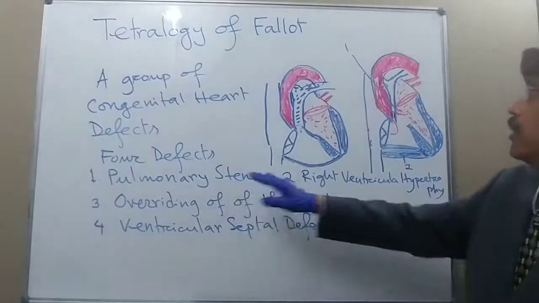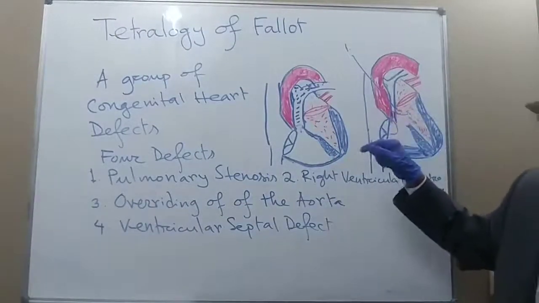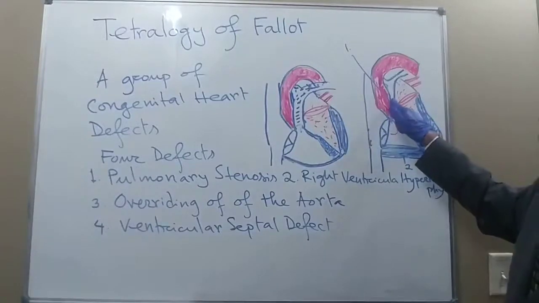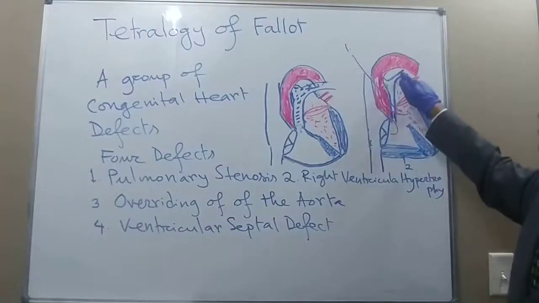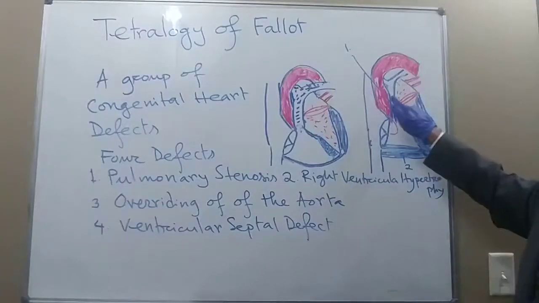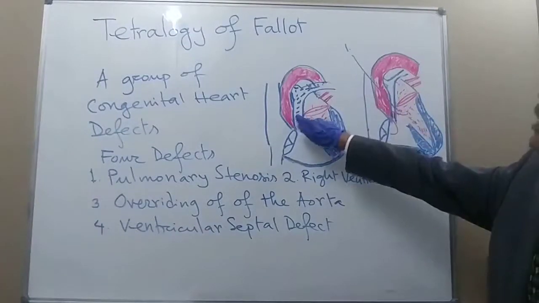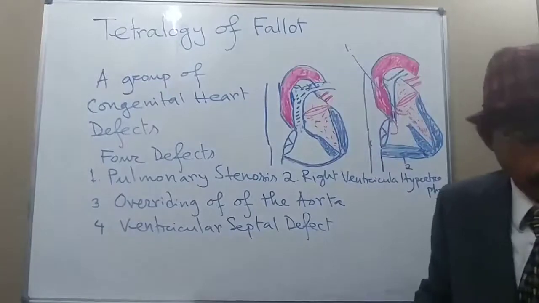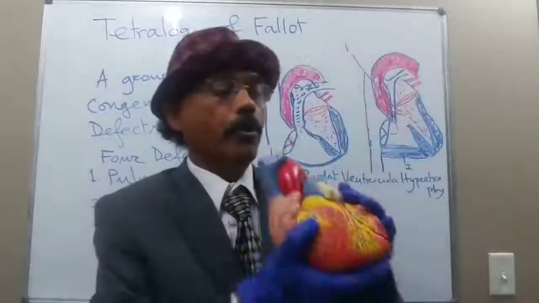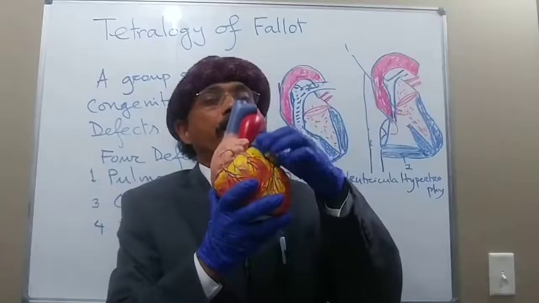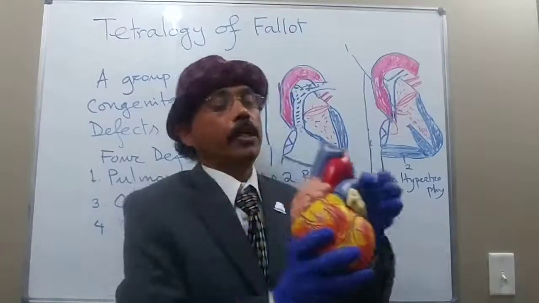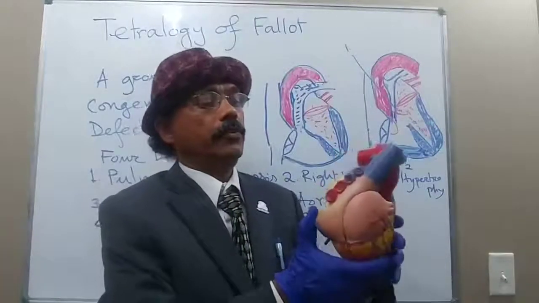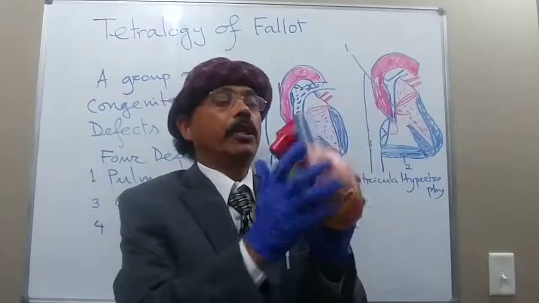One is pulmonary stenosis. This is the pulmonary trunk, and this is the pulmonary artery: the left pulmonary artery and right pulmonary artery. If you go to this model, this is the pulmonary trunk, left pulmonary artery, and right pulmonary artery.